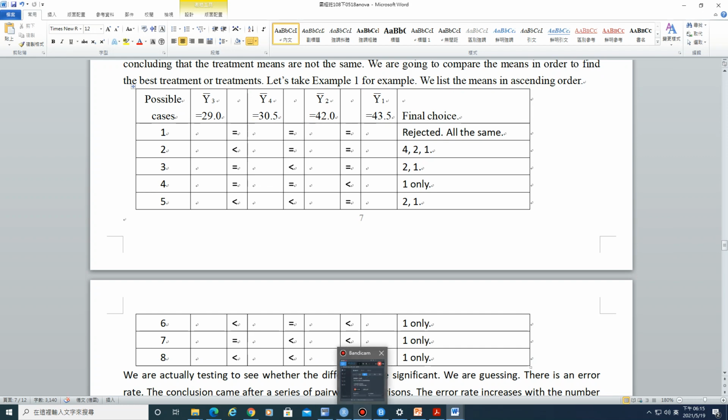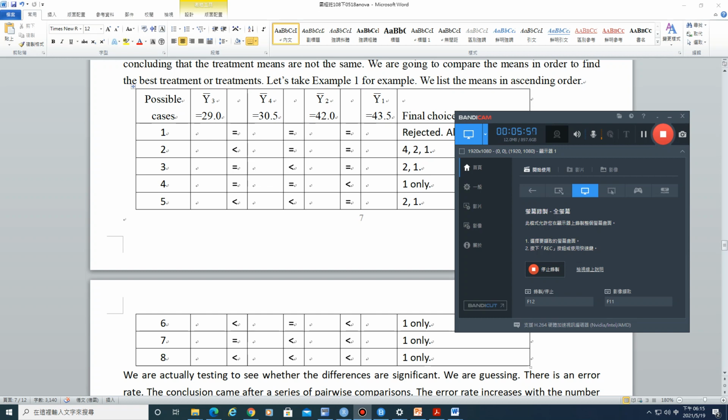Of course it's not. We're using statistical inference, testing hypotheses, right? We're using statistical concepts. So there will be a rate of error, a percentage of making a mistake.